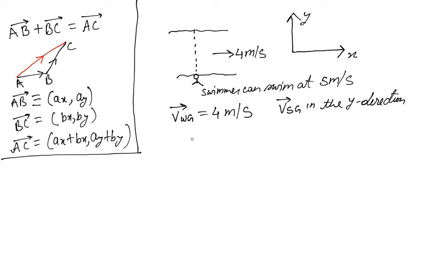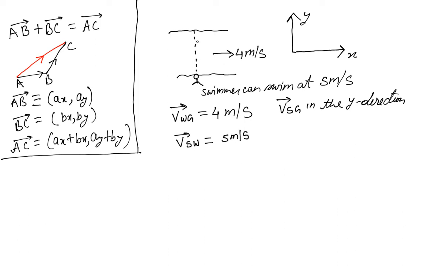Okay, what else? Well, we know that velocity of swimmer with respect to water is 5. Now we do not know this direction, because he has to swim in such a manner that he lands on the opposite bank.